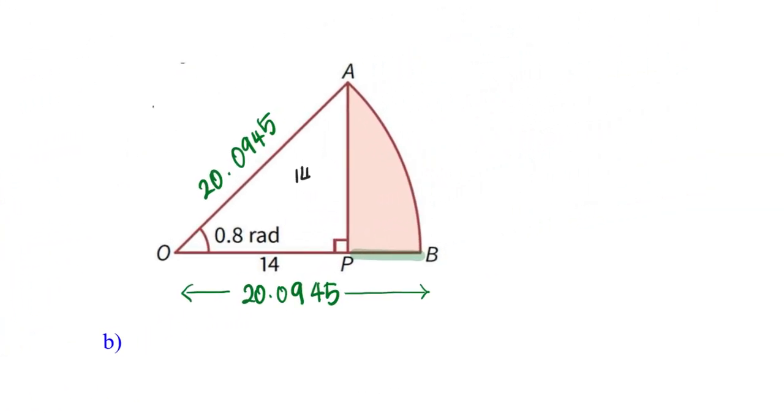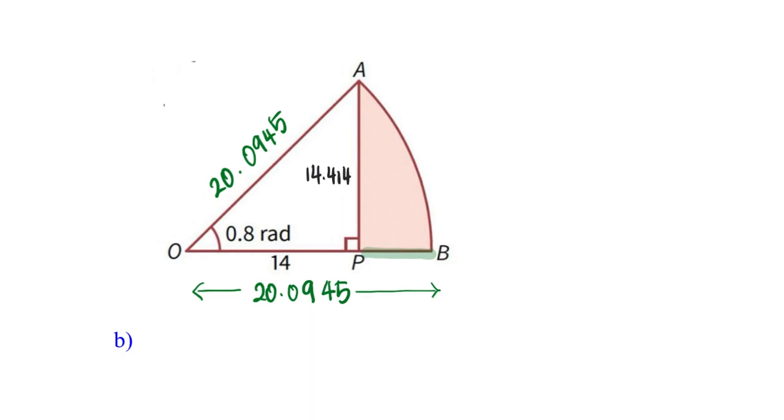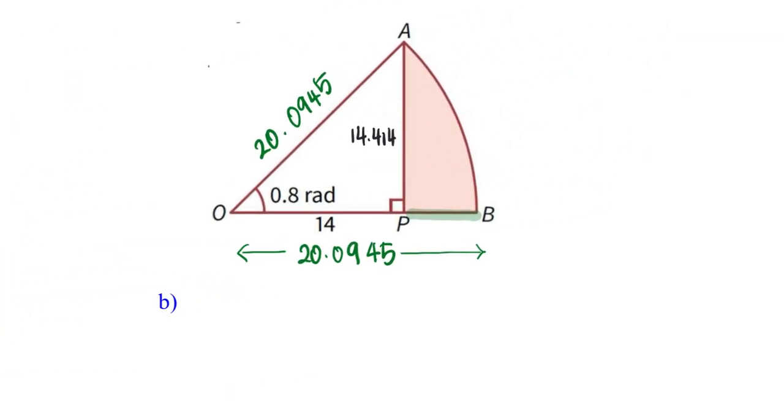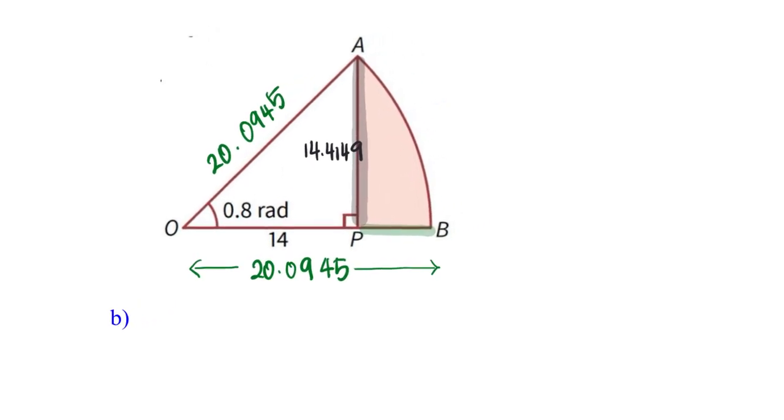So 14.4149. So I also got this length already. This means I am only left with one more length to find, so that I can get my perimeter.